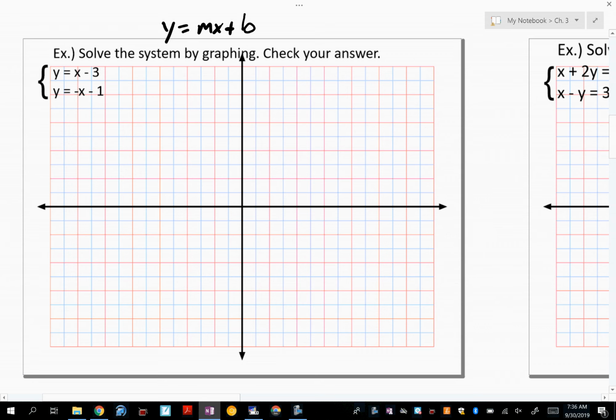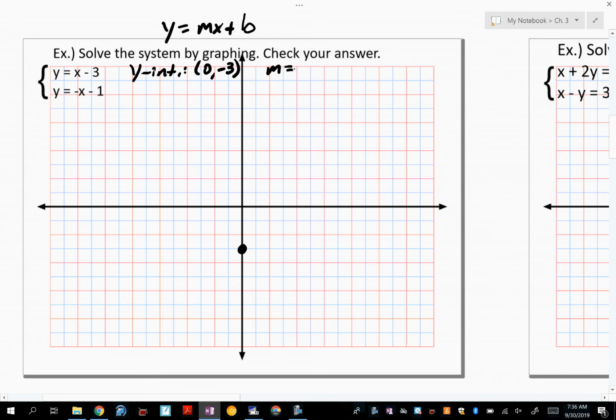y equals x minus 3. What is the y-intercept for this one? It's (0, negative 3), right? Getting that habit again. So let's put a point at (0, negative 3). What is the slope of this first linear equation?